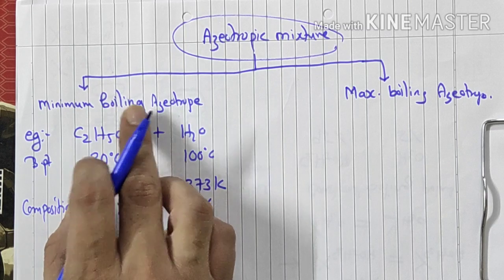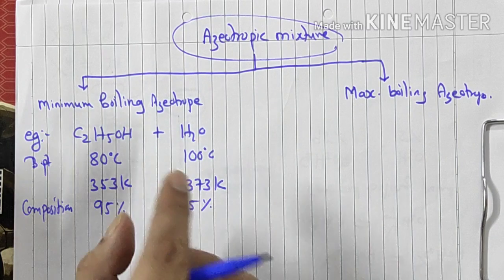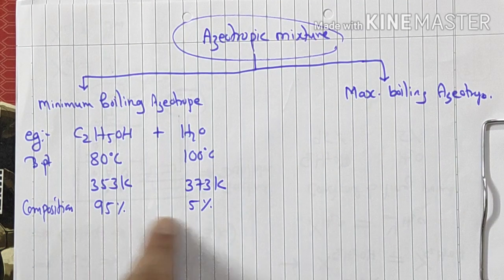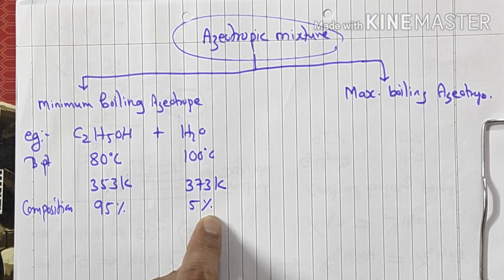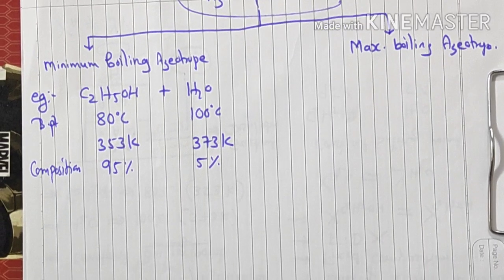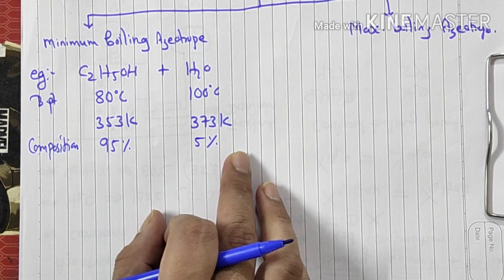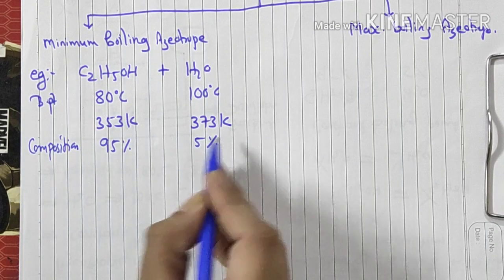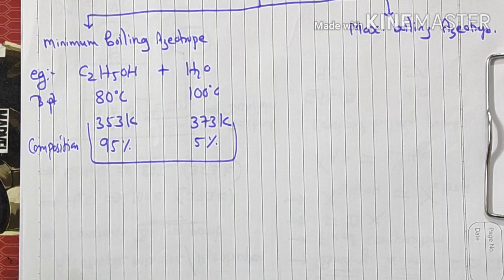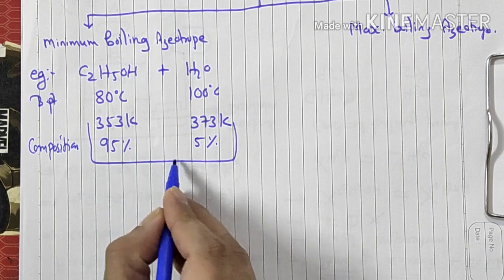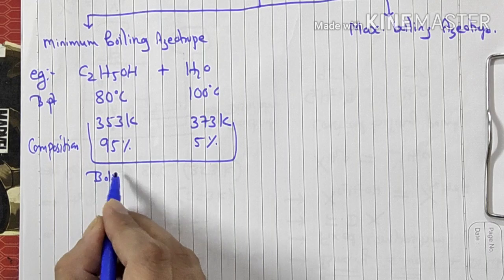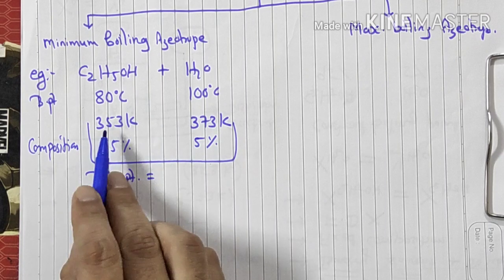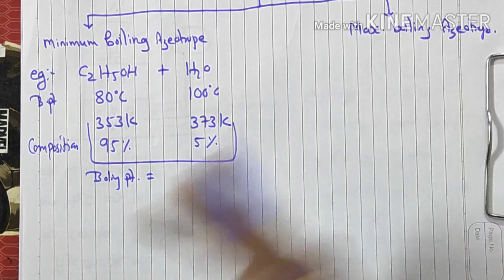अब minimum boiling azeotrope का मतलब क्या होता है? I will explain you why it is called minimum boiling azeotrope. But for time being, understand that for a solution to be minimum boiling azeotrope, this composition should be there. ठीक है? Now, so if I have this composition, right? Now student, understand the mixture of this solution, ethyl alcohol and water, if mixed in this ratio, the boiling point of this solution will be less than this. मतलब 353 से और 373 दोनों से कम होगा.